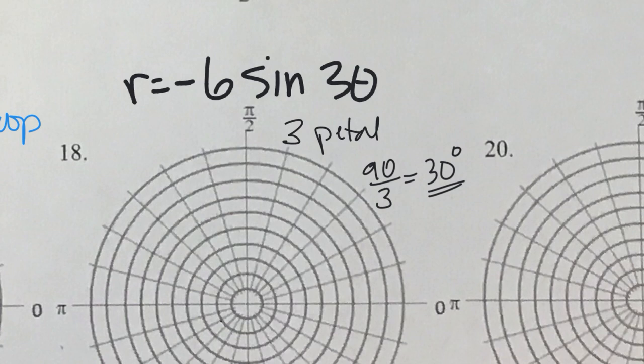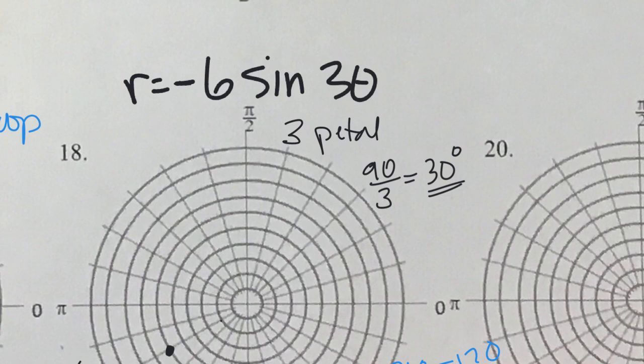Negative 1, 2, 3, 4, 5, 6. So here is your first point, basically at 6 comma 210. Because it's negative, we don't start in the first quadrant. You go away from 30 degrees. Now all of our other ones, 360 divided by 3 are 120 apart.